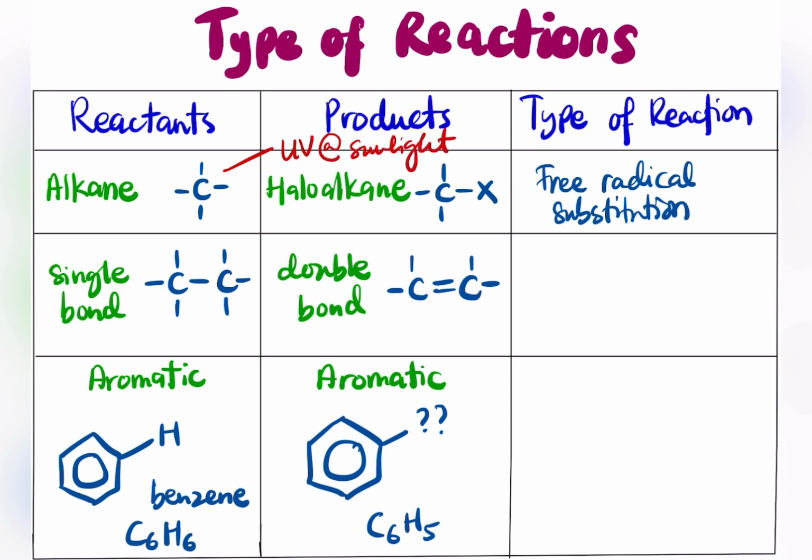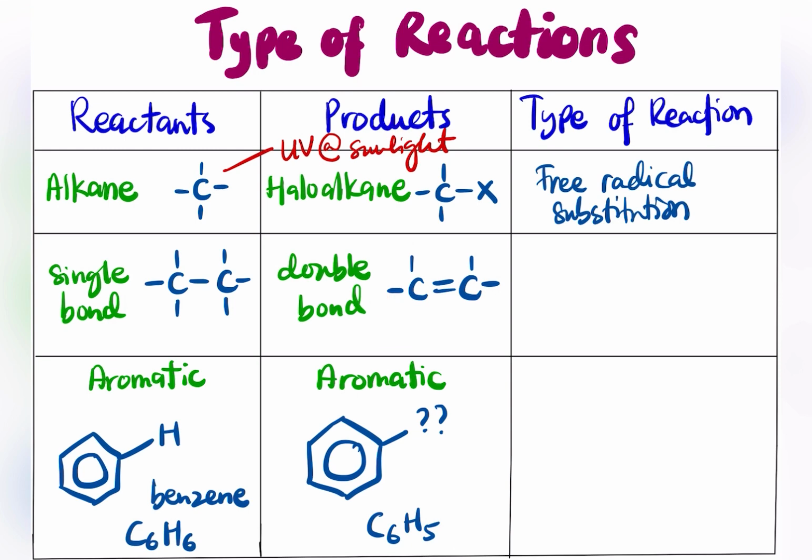Next one, for example, I got alkane or any single bond containing compound, and what will happen from single bond, the number of bonds is decreasing and they will form the multiple bond containing compound as the product.